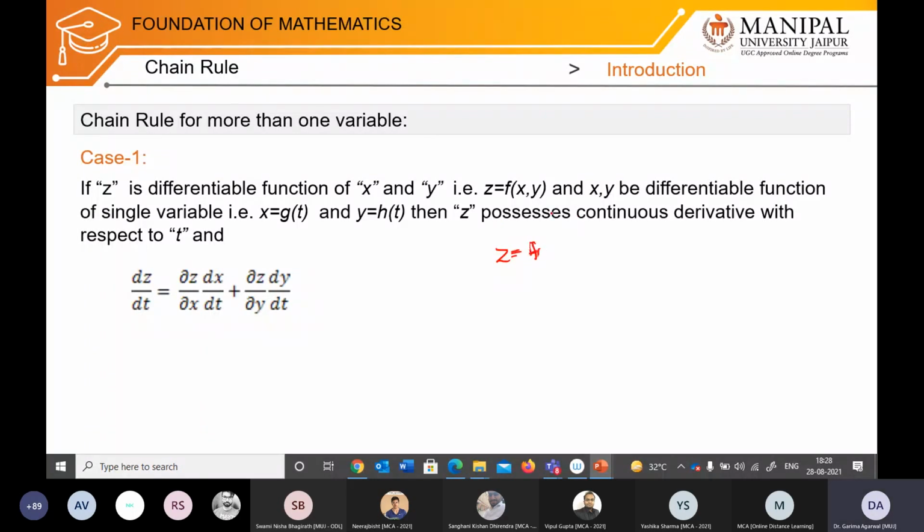Z is a function of X and Y, X is a function of T, and Y is a function of T.